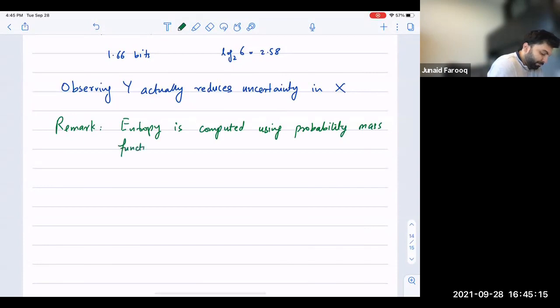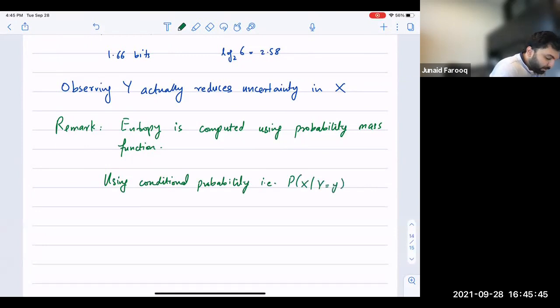So using conditional probability, probability x given y is small y, we get h of x given y equals small y for all values of small y.